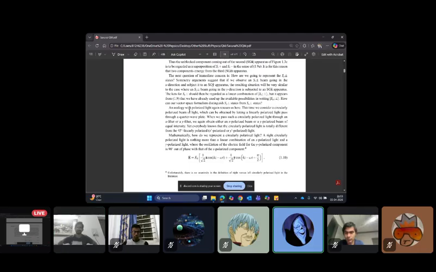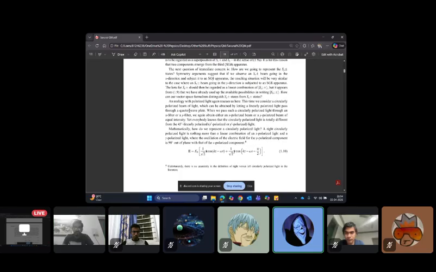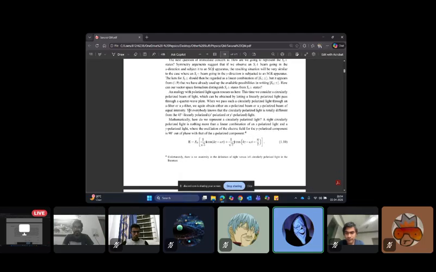Everybody knows that circularly polarized light is totally different from the 45 degrees linearly polarized X prime or Y prime polarized light. Mathematically, how do we represent circularly polarized light? A right circularly polarized light is nothing more than a linear combination of an X polarized light and a Y polarized light, where the oscillation of the electric field for the Y polarized component is 90 degrees out of phase with that of the X polarized component.